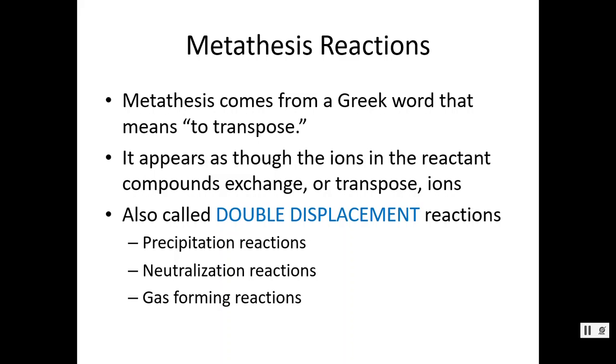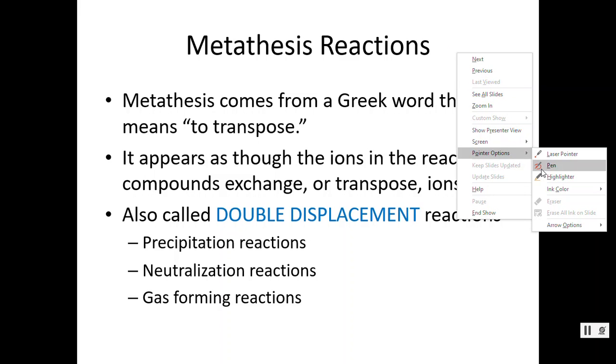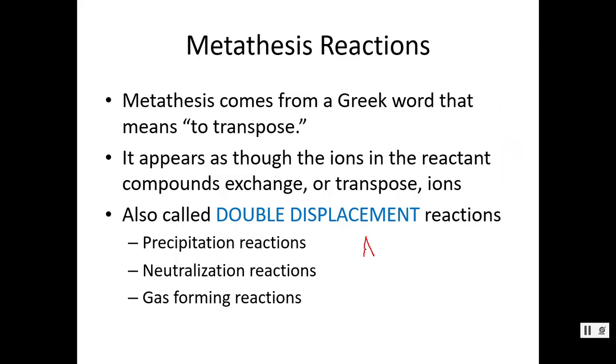So we are finally ready to talk in more detail about metathesis reactions, also known as double displacement reactions. We introduced that concept in the very first video for this chapter. We said that double displacement reactions are those reactions where you have two ionic compounds, let's call them AB and CD, and in that metathesis or double displacement reaction, everyone switches partners.